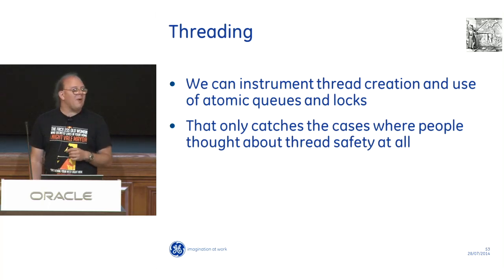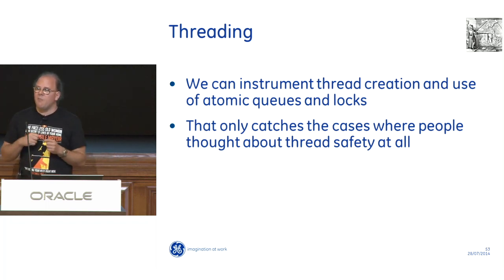Threading was another area where we reckoned developers would need a significant amount of help. So we wrote some prototypes of instrumentation tooling that would tell you where threads have been spun off and would tell you all the stuff to do with passing values via atomic queues and things between threads, and which threads were claiming locks and that sort of thing. And this is very useful, but it turns out in almost all cases, if people have written code that does stuff with atomic queues or does locking, then they've thought about the threading issues and there's no problems.